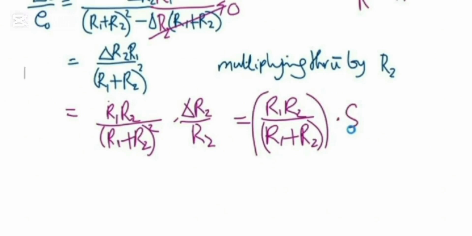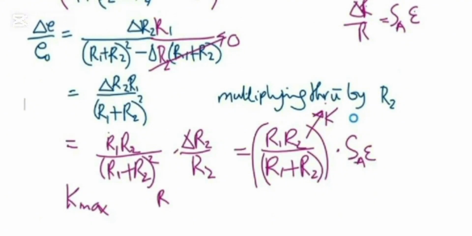And this is called what? SAE. Because changing R2 over R2 is the same thing as the sensitivity of the strain gauge multiplied by the strain value. Remember, this component we call circuit sensitivity. You can give it K. So at maximum circuit sensitivity, R1 is equal to R2.